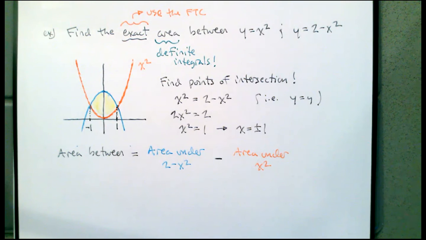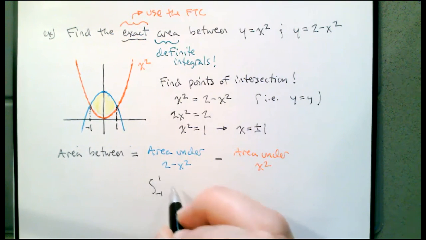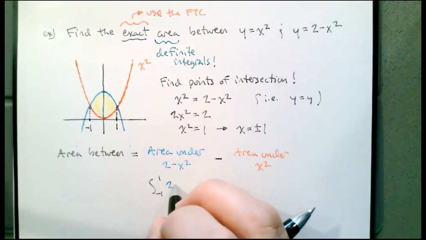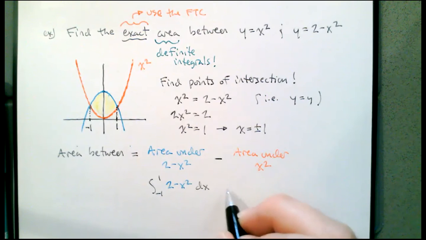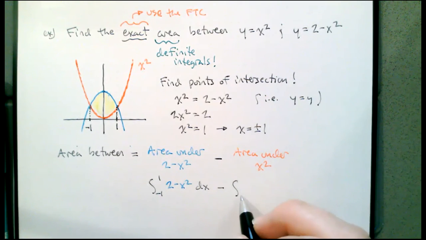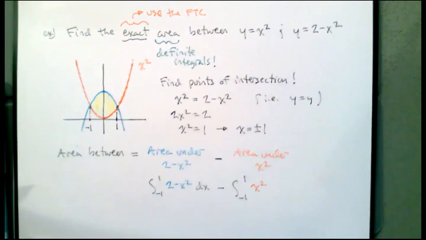The area under 2 minus x squared will be the definite integral from -1 to 1 of 2 minus x squared dx. And we'll subtract the area under x squared, which is going to be the definite integral from -1 to 1 of x squared dx.